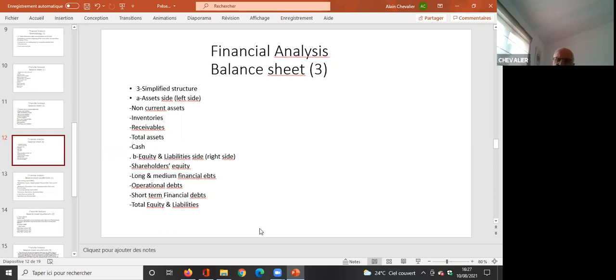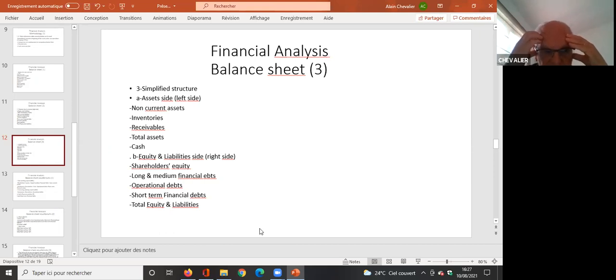The second one is the inventory. So we understand what is inventory, with raw material, intermediate products, and also final products ready to be sold. You have got receivables, which are specific categories, and of course cash.